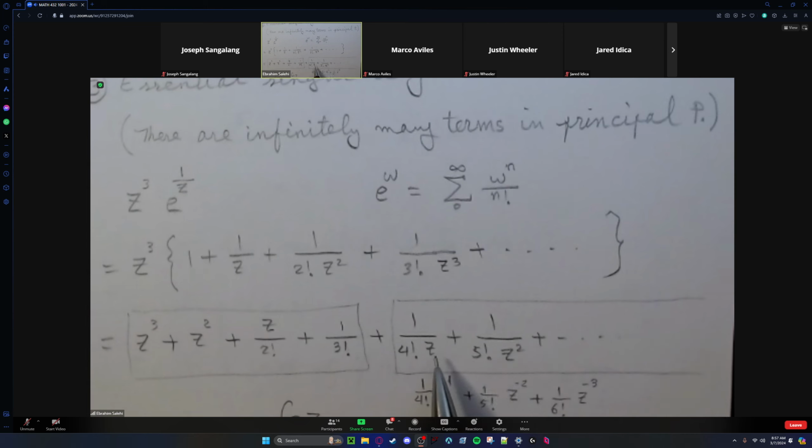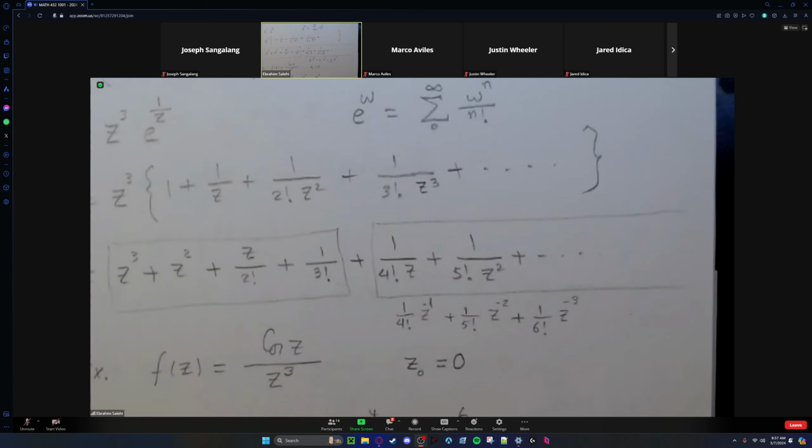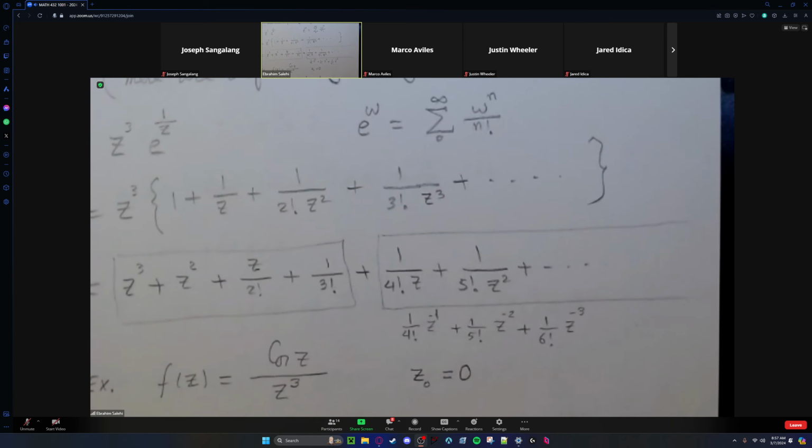And as you see, we have infinitely many terms. If this happens, we call that isolated singularity an essential singularity.